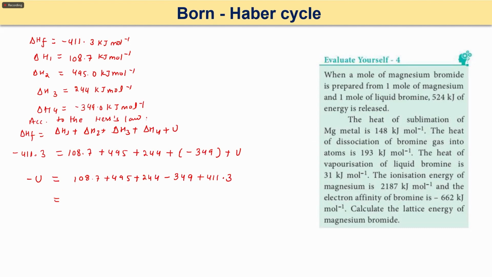So you will get minus U equal to 788 kilojoule per mole. This implies that U is minus 788 kilojoule per mole.